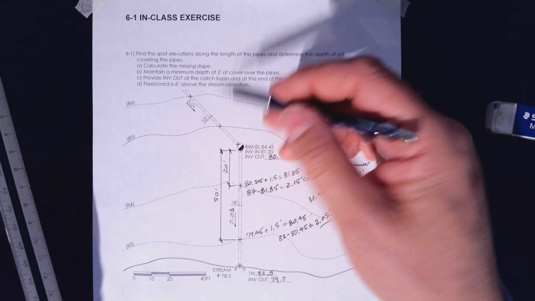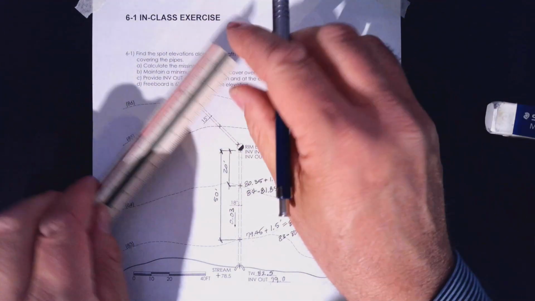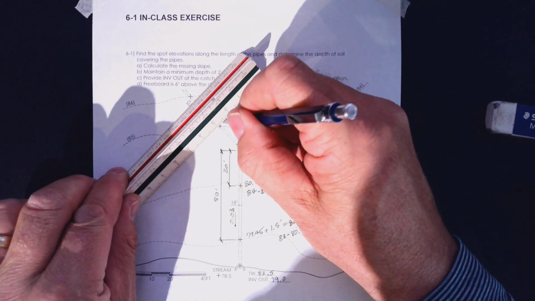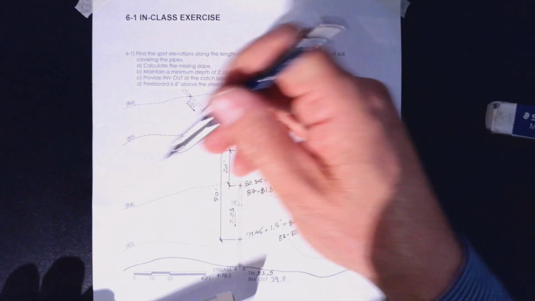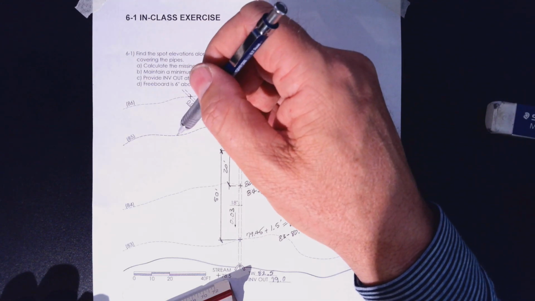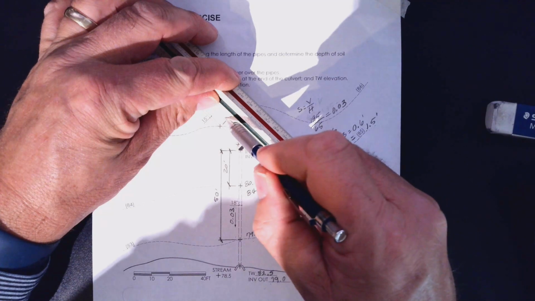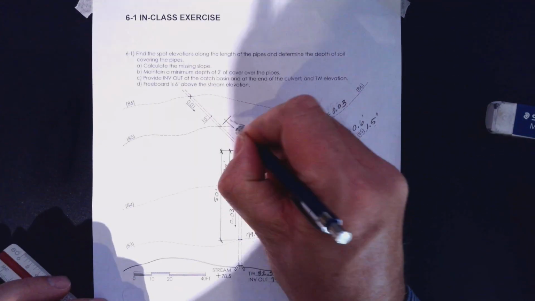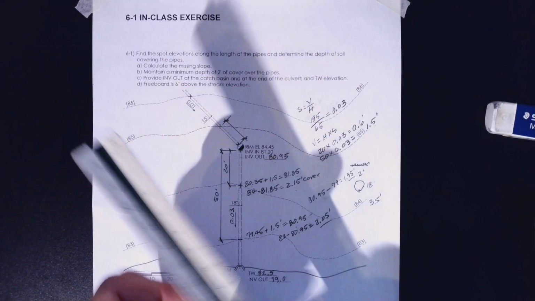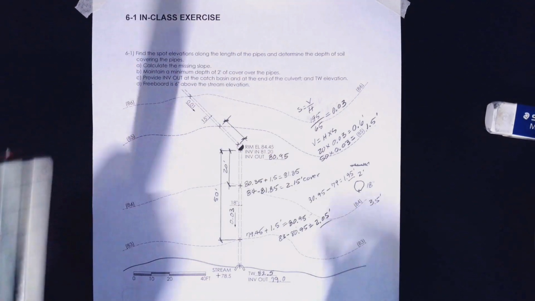Now we got to do the same thing up here. All we've got to do is take some measurements from here to here, because we're going to check this. These spot elevations are simply where the existing contour lines cross, so that we can check and make sure we have sufficient cover. So from here to here, if you measure it with your scale, is 14 feet.